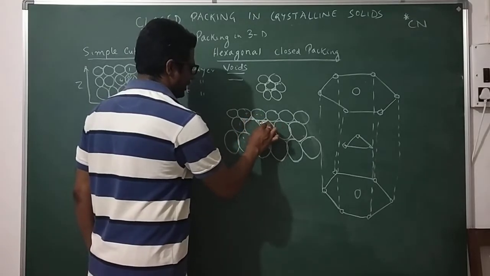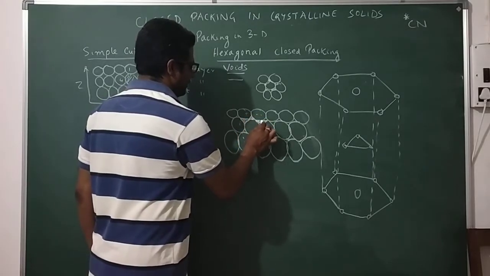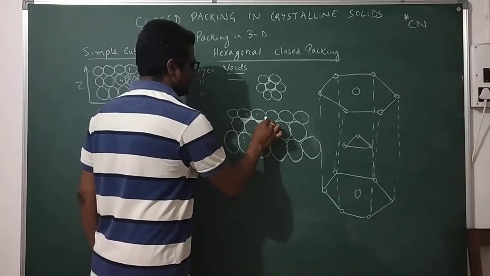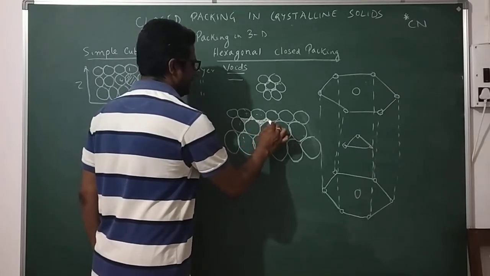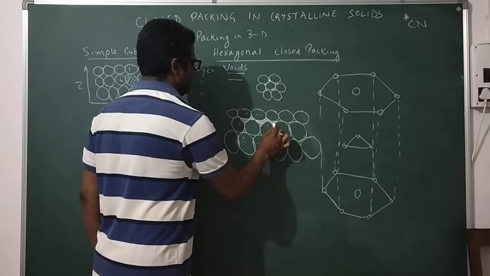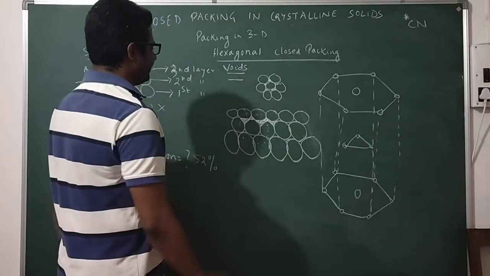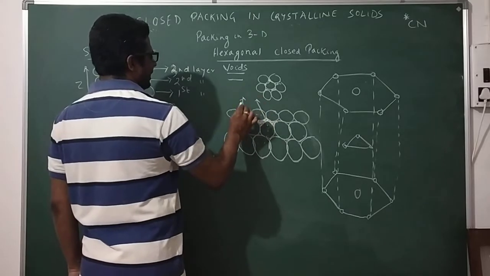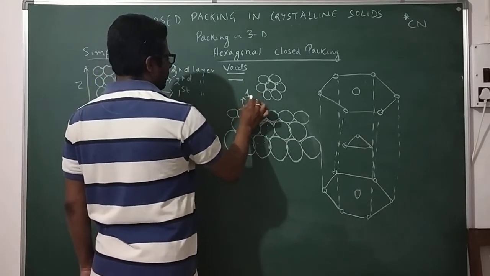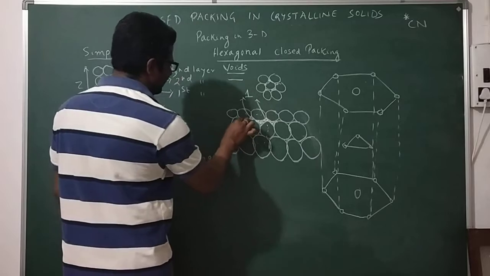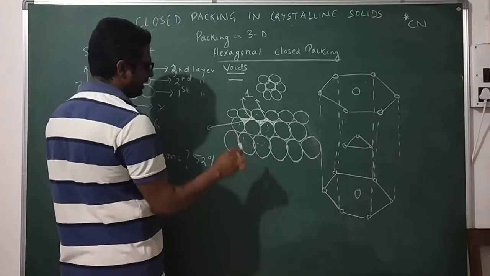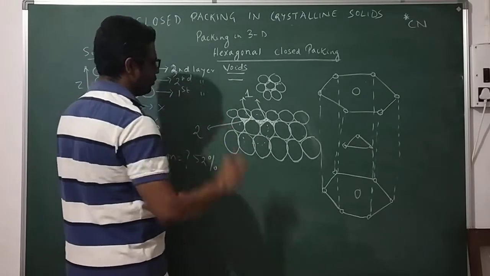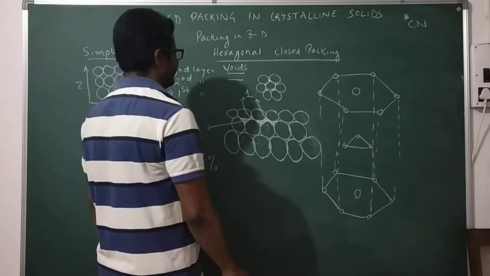Again, this is an upside down triangle and again this is an upright triangle. Again, this is an upside down triangle. So let us take these upright triangles as void 1, and let us take these upside down triangles as void 2. Okay, these are called voids.